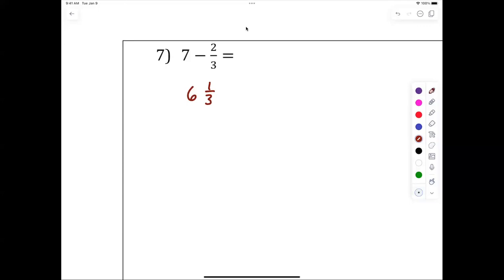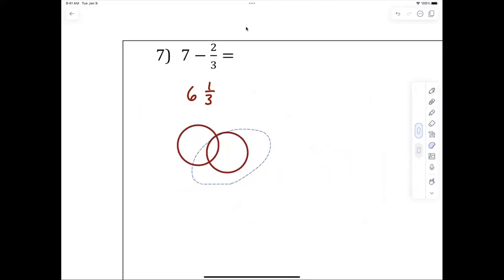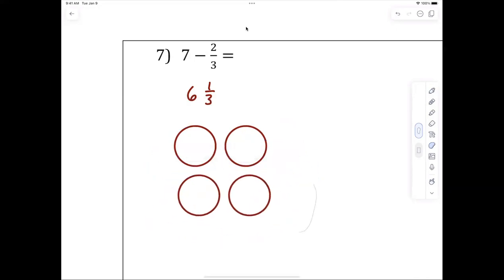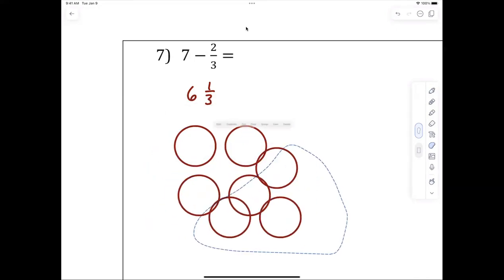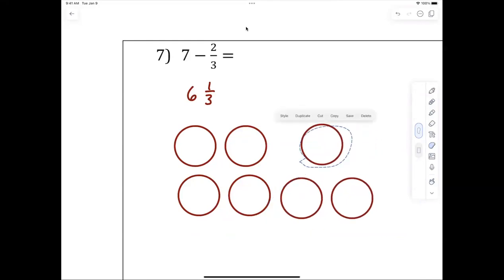Here's how I learned fractions, thinking about pizzas. Watch, I'm going to demonstrate. Look up here on the board. How many pizzas do I have now? 7. Now, what did I just do? I ate 2/3 of one.